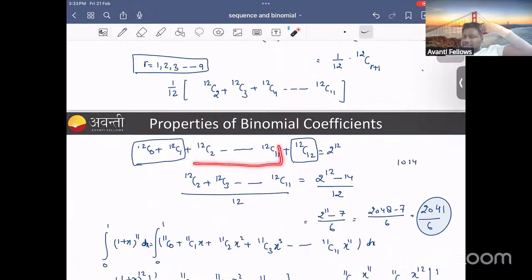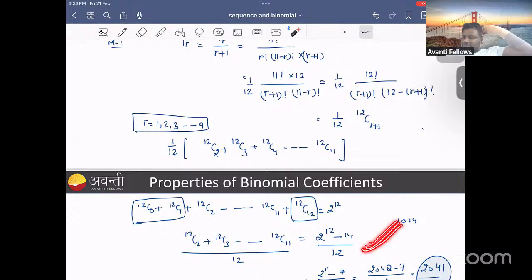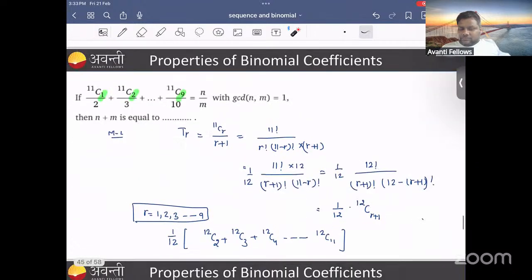This is E. You are looking for the value of... Anybody who notices any mistake, just let me know because I don't find anything.